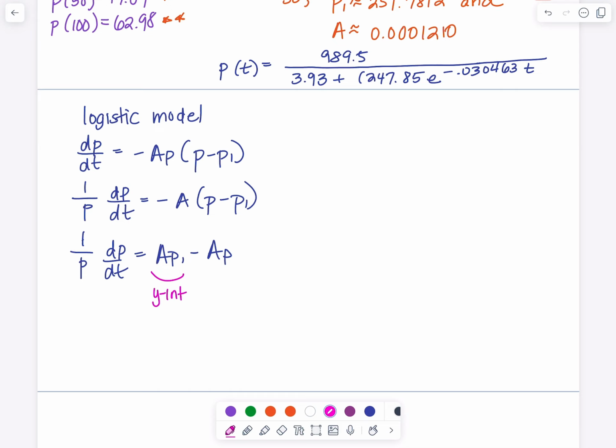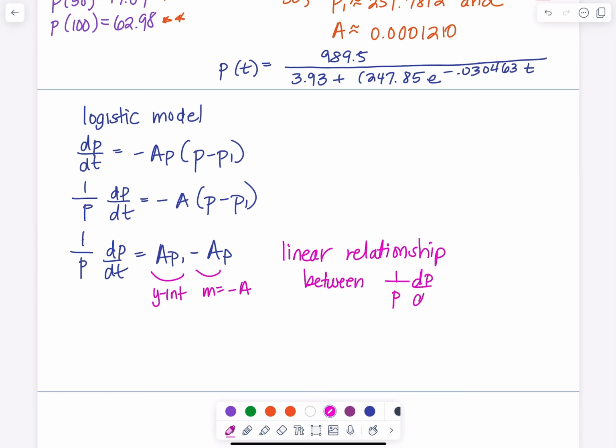And we can see that the opposite of A is equal to the slope. So we have a linear relationship between 1 over P dP/dt and P.